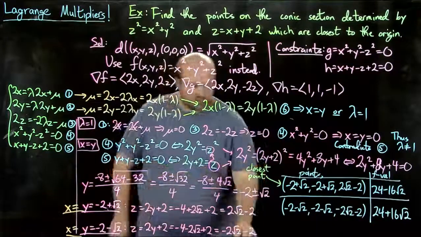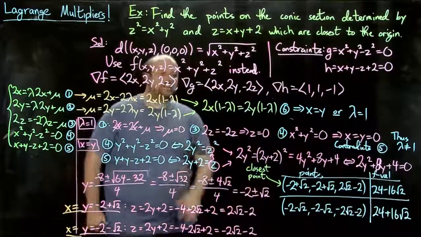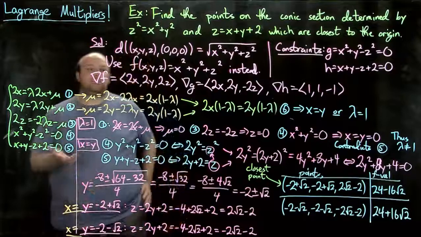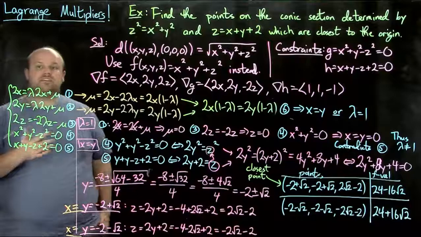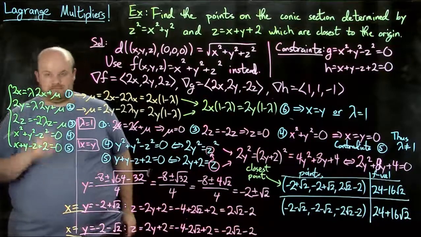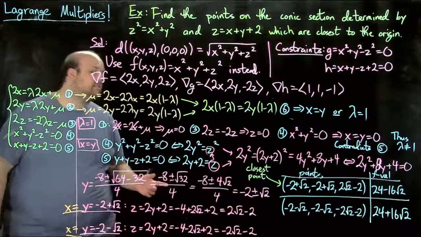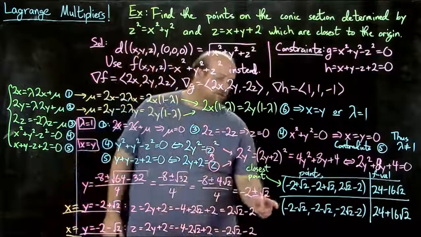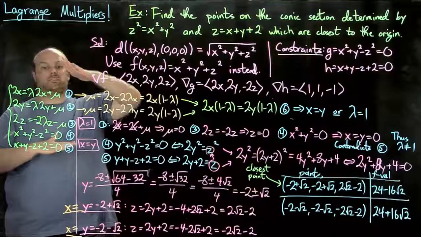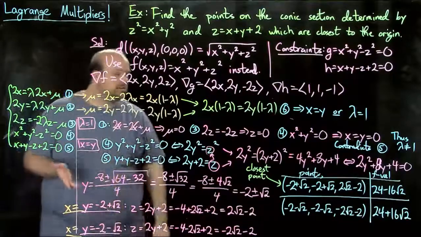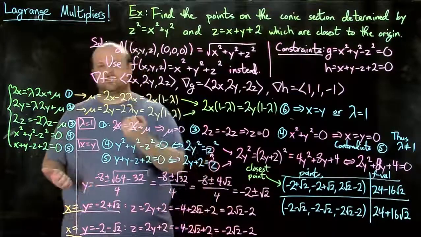What about the other point? If you graph these 2 equations and see what the curve of intersection is, you'll see it's a hyperbola. These 2 points are the vertices of each part of the hyperbola, and this part happens to be the one that's closer to the origin.